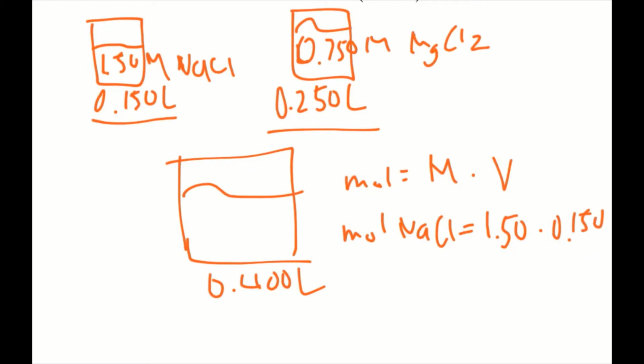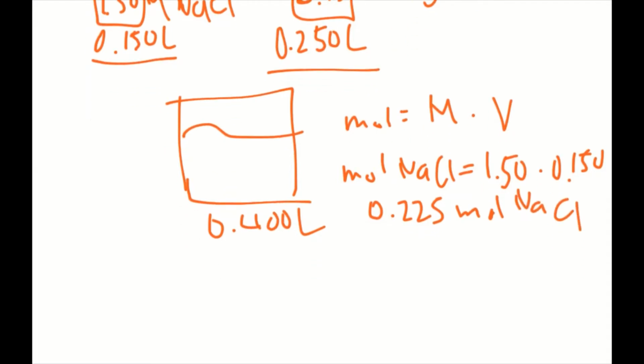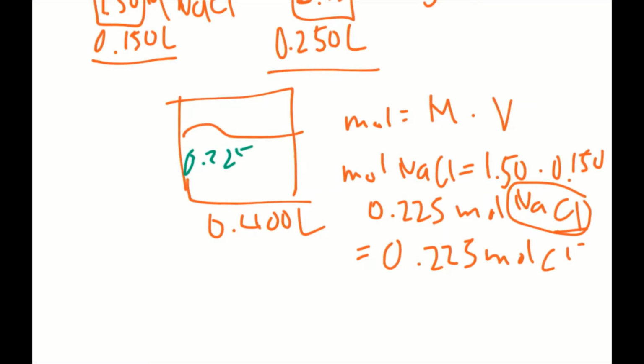And doing the math, we get that 1.5 times 0.15 is equal to 0.225 moles of sodium chloride. Now, how many moles of chloride are there? Well, there's 1 chloride per sodium chloride, so there are actually 0.225 moles of chloride. So we can draw this in our picture. So 0.225 moles of Cl-.